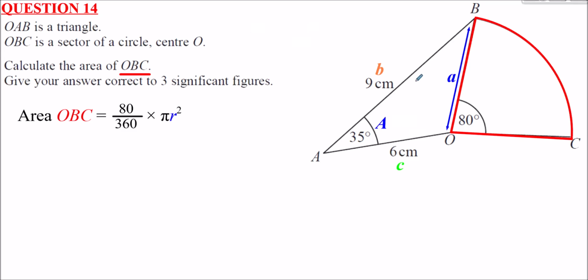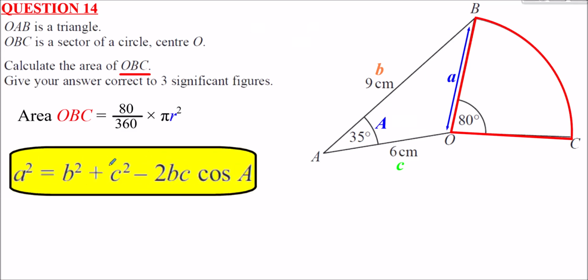And the cosine rule is as follows. A squared equals b squared plus c squared minus 2bc cos A. There is a different version of the cosine rule for finding an angle, but because we're trying to find a side, we're using this version here, and A is the side we're trying to find.